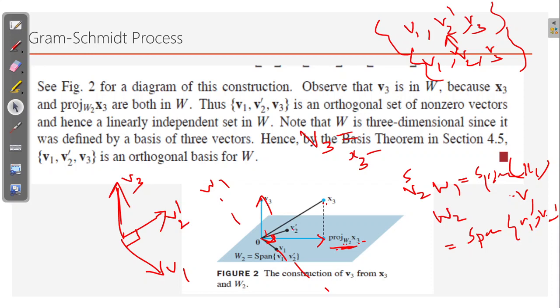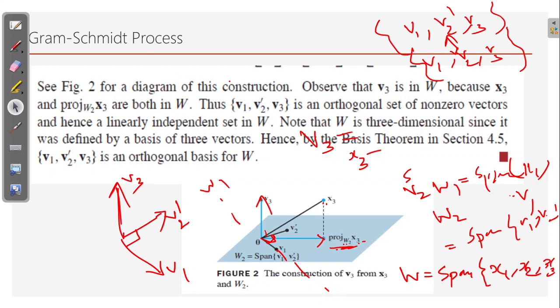So V3, V2 dash, and V1 all are orthogonal or perpendicular to each other, and also they span the subspace W, which is equal to span x1, x2, and x3, right? And also V1, V2 dash, and V3, or V1, V2, V3, are an orthogonal set, right?